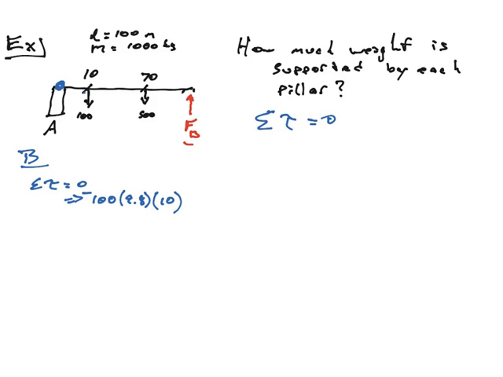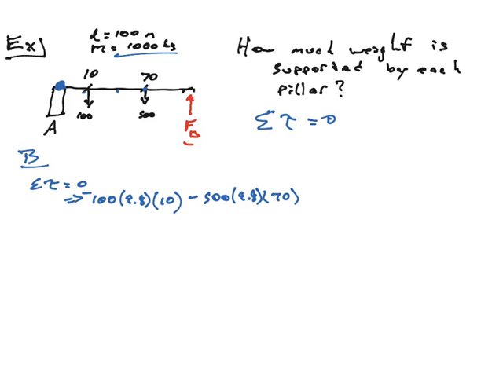Next, we have the 500, the car. So we have 500 times 9.8 times the distance from pillar A to the car is 70 meters. Is he positive or negative? He's also negative. Next, don't forget about the weight of the bridge.